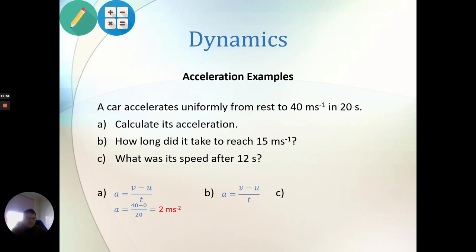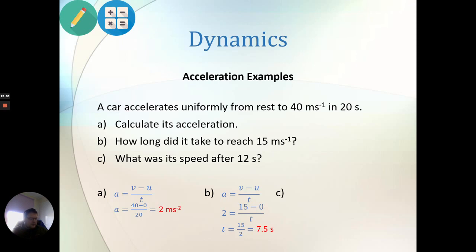This time we've been told the acceleration is 2 meters per second because we've worked it out. We know that the speed that we're looking for, the final speed, is 15 meters per second. Our initial speed is still 0 because it still starts from 0, and our T is what we're trying to find. So we rearrange that. T is equal to 15 over 2, which means it was 7.5 seconds to get to 15 meters per second.